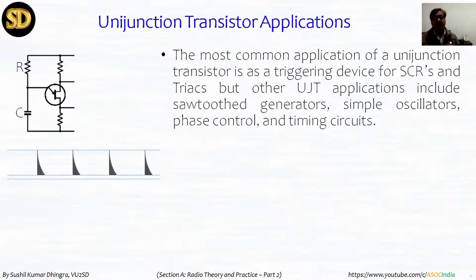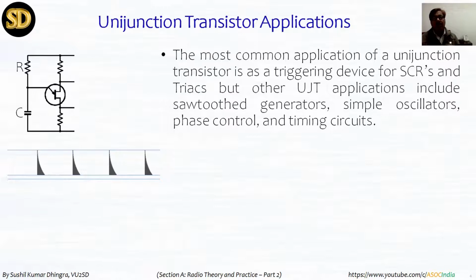If you see, these pulses are not a sine wave, it is almost a sawtooth wave. We can say UJT is a relaxation oscillator which generates sawtooth based oscillations. This one is used to trigger the thyristor family including Diac, SCS, etc.